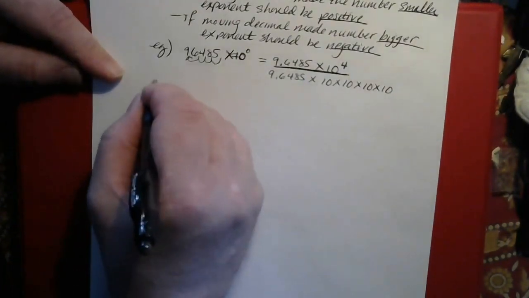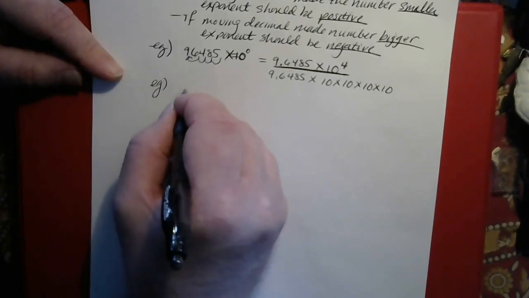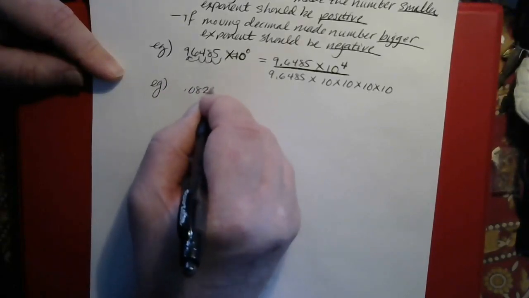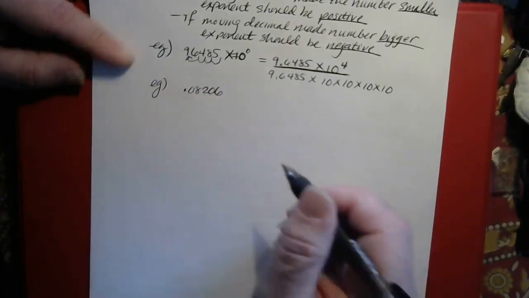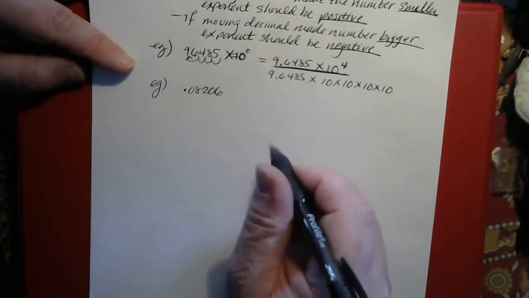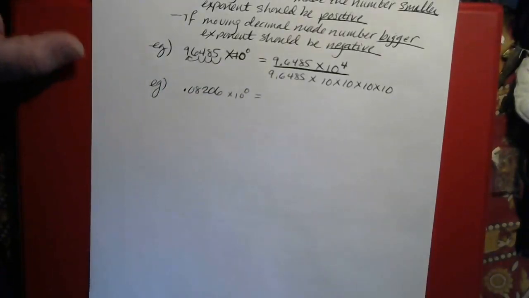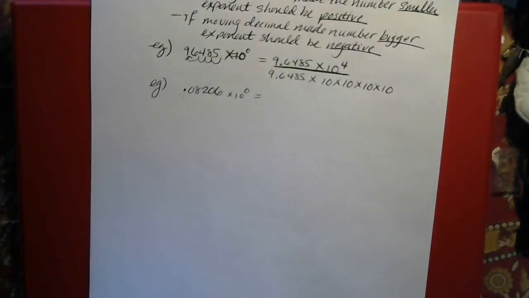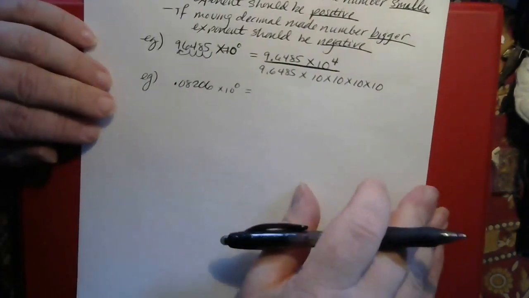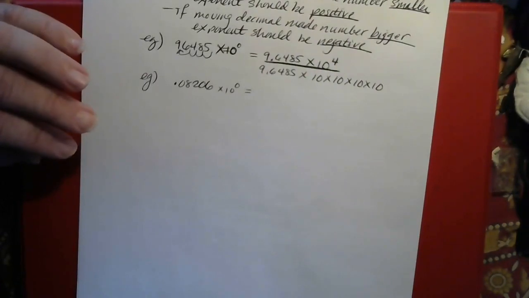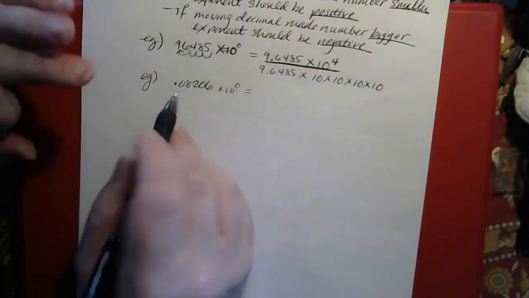Okay, we can do it with smaller numbers also. 0.08206. We can consider that to be itself times 10 to the 0, because 10 to the 0 is 1 and it doesn't change the value. And then we have to move the decimal point so that the number is between 1 and 10.